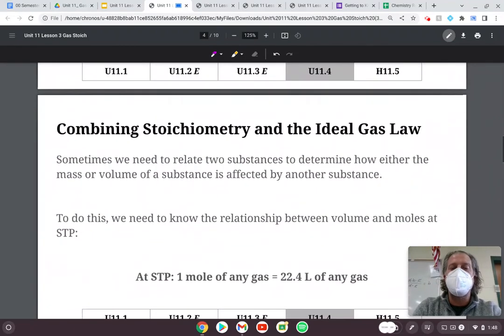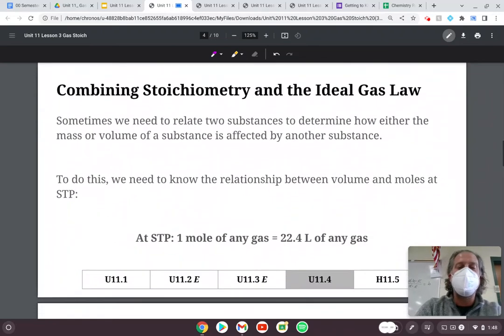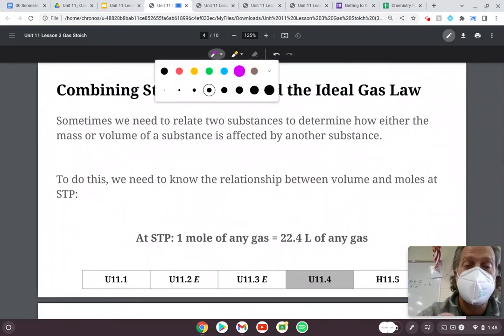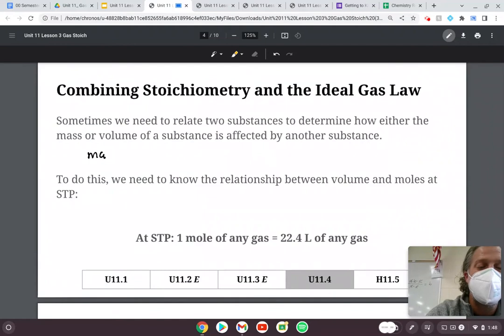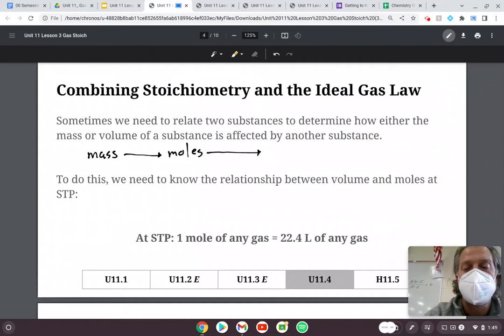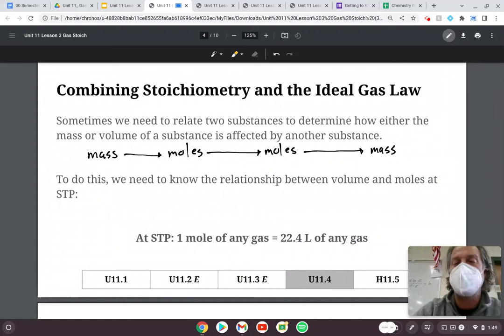So now we're going to talk a little bit about stoichiometry and the ideal gas law. In the past, this semester, right before spring break, we learned about stoichiometry by talking about converting from mass to moles to mass. That hopefully should look familiar to you, right?